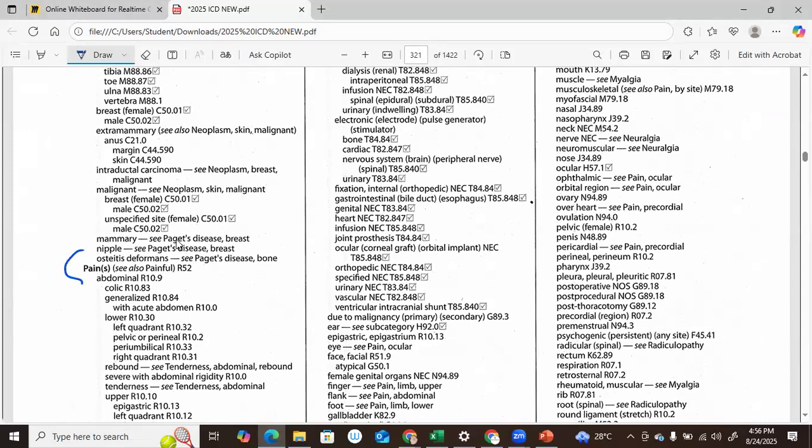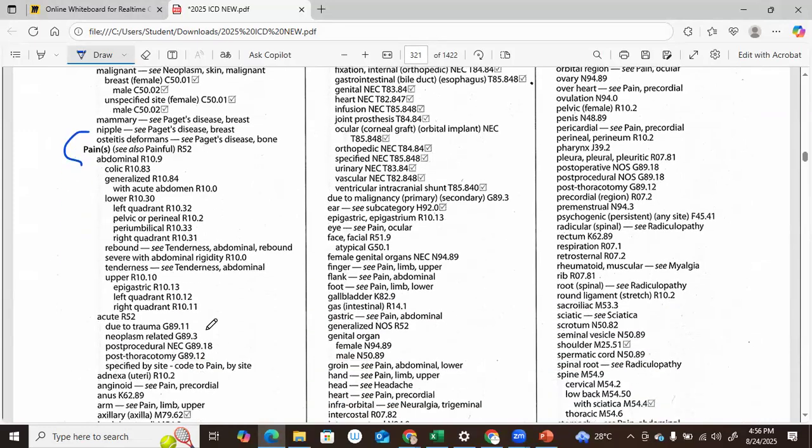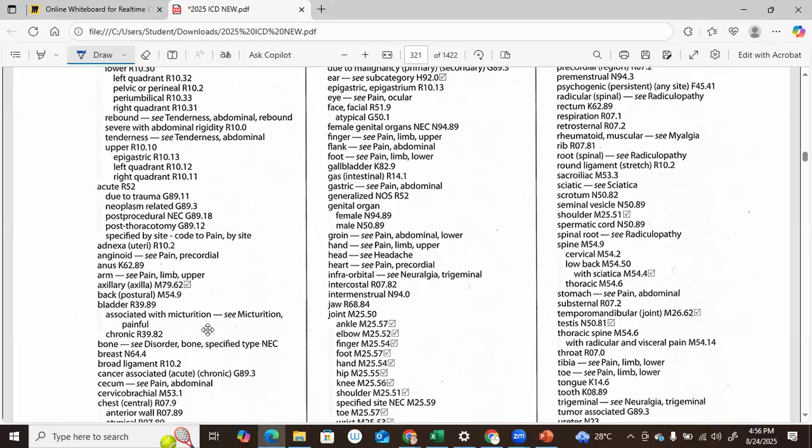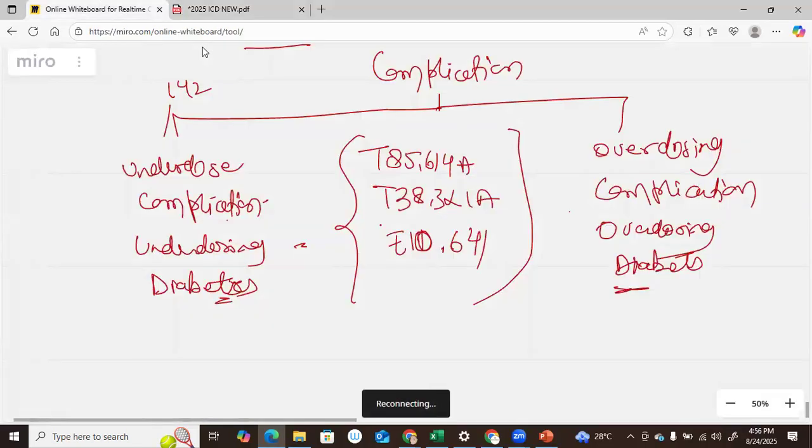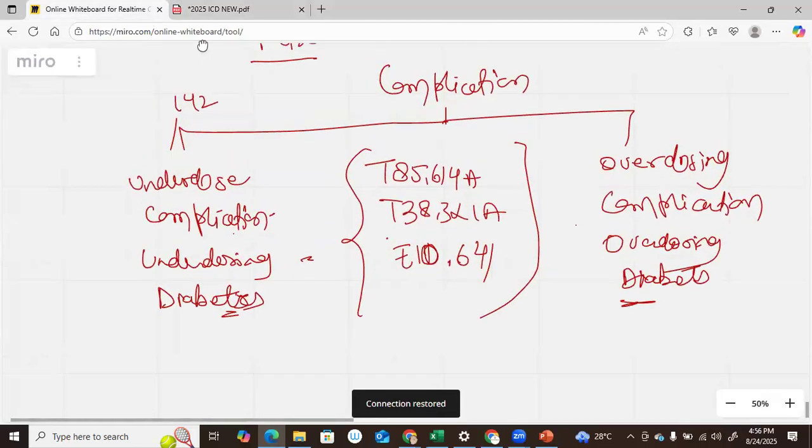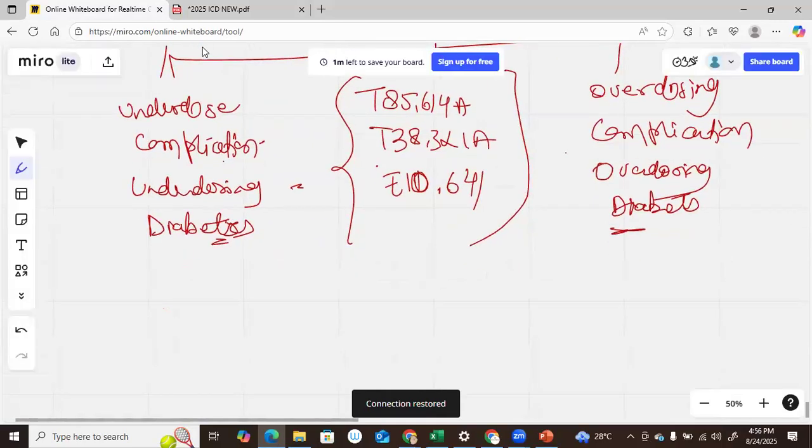Here we have the pain. Under the pain, we have to look for the shoulder. Shoulder. This is an incomplete code, so the code should be on the right side.